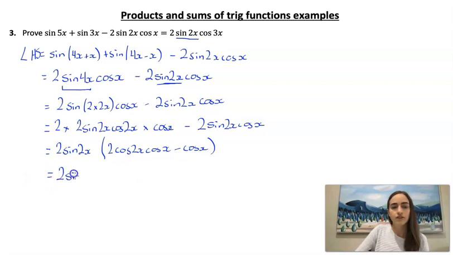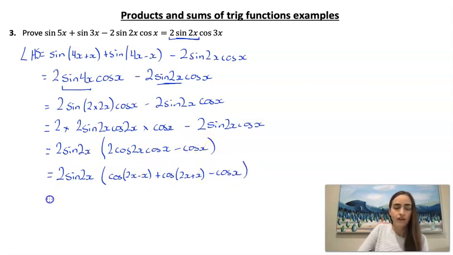Okay, so leaving the term out the front as is for now. This is looking good. This is looking like this whole first chunk, but we've got to get what's in the brackets now looking like this cos 3x on the end. So this first term inside the brackets is, again, we can apply one of our products to sums rules to that. So what we're going to end up with in that bracket is a cos of 2x minus x plus cos 2x plus x, and we've still got that minus cos x on the end.